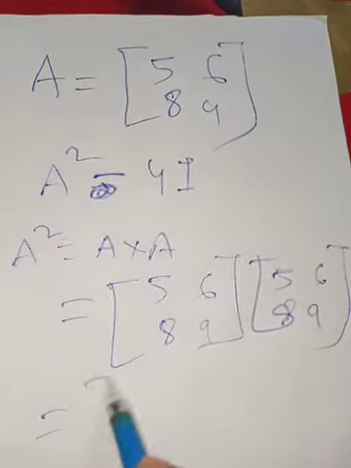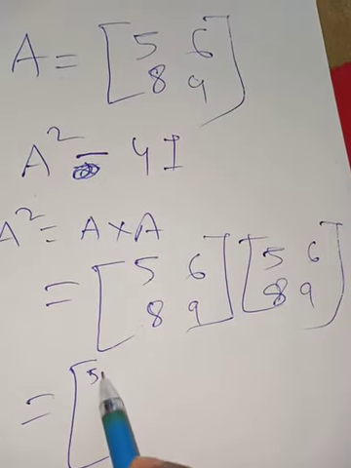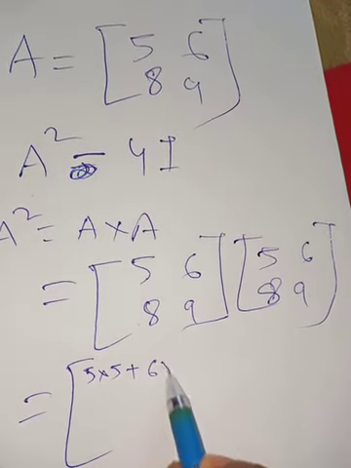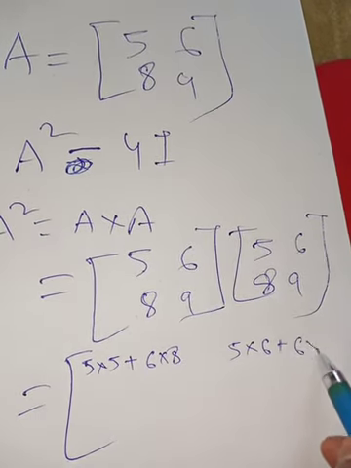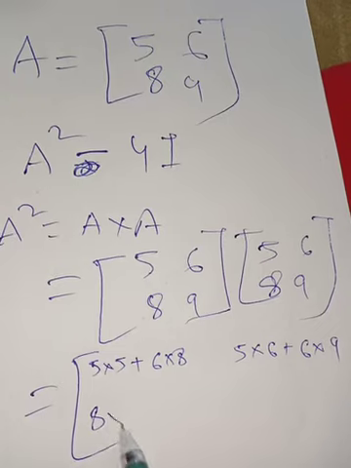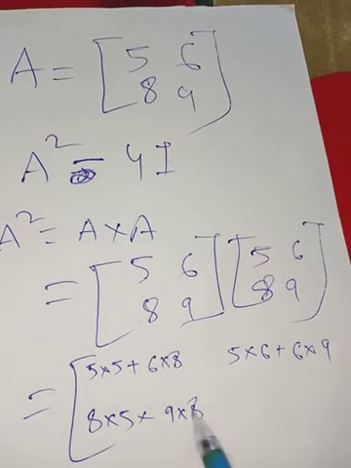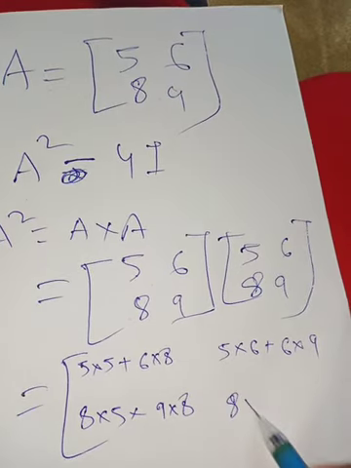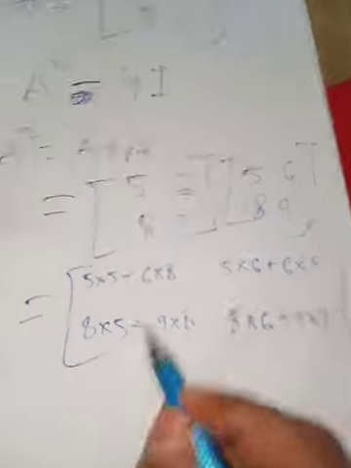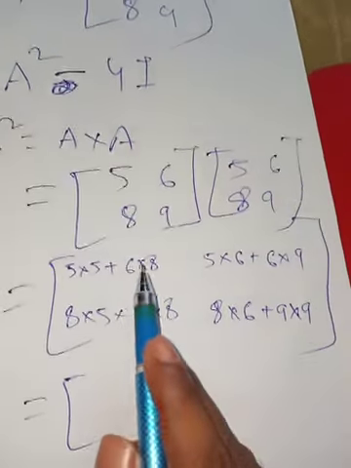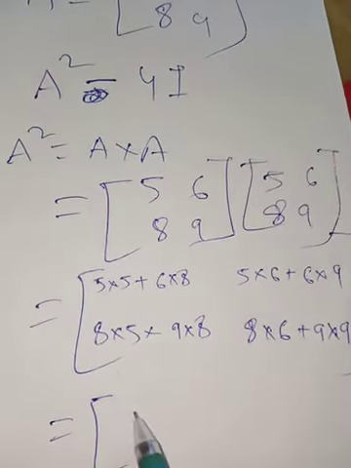And how to get that, you know. 5 into 5 plus 6 into 8. Then 5 into 6 plus 6 into 9. Then 8 into 5 plus 9 into 8. Then 8 into 6 plus 9 into 9. So what result did you get? 25 plus 48, that means 73.